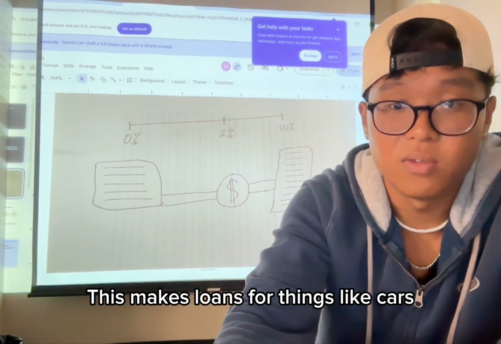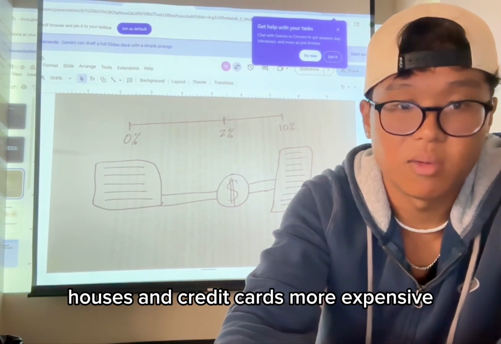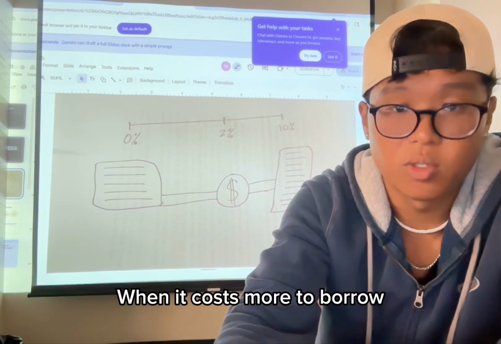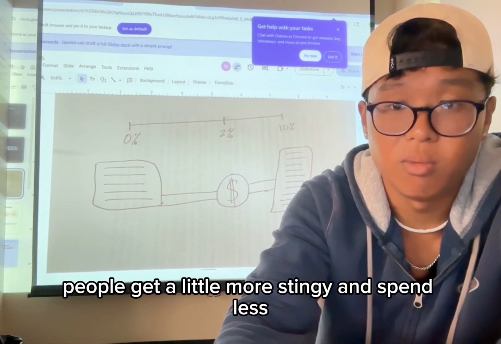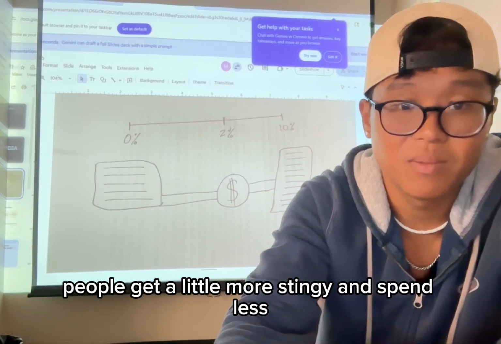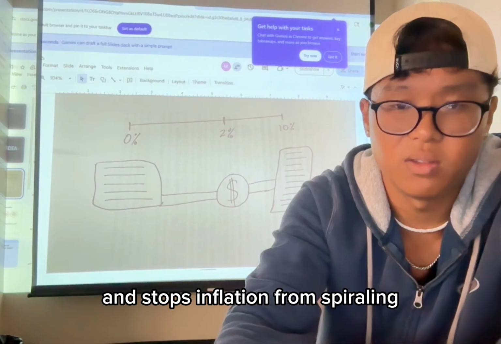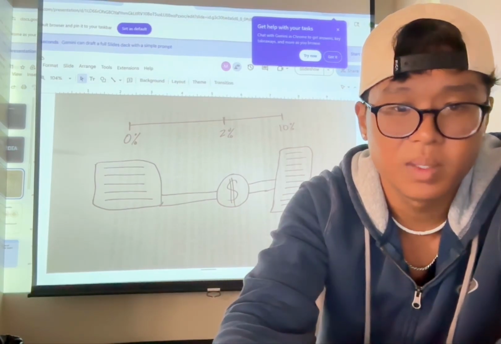This makes loans for things like cars, houses, and credit cards more expensive. When it costs more to borrow, people will get a little more stingy and spend less, which eventually cools down the prices and stops inflation from spiraling.